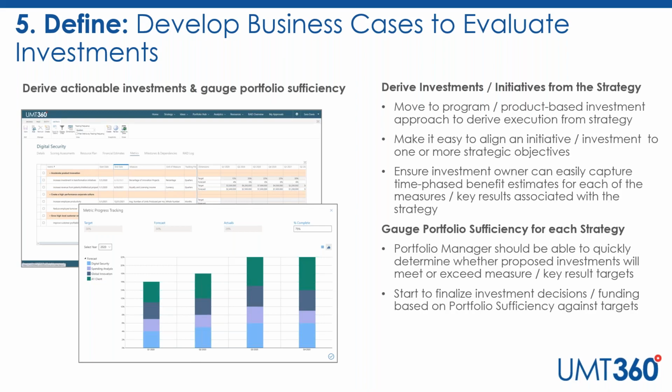So as we break down into an initiative or a project or an epic or whatever it may be, we can then start to understand the contribution relative to the target of this metric, and we can roll that information up. So as a strategy and metric owner, I can very quickly see, do we have the right work in play at this stage, even to reach the sufficiency of my particular metric and strategy, right? So we're not guessing, we're actually deriving the work to achieve the strategy and metric combination.